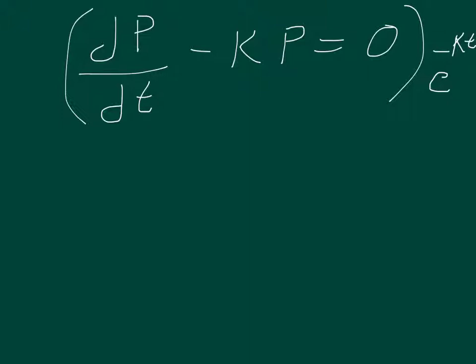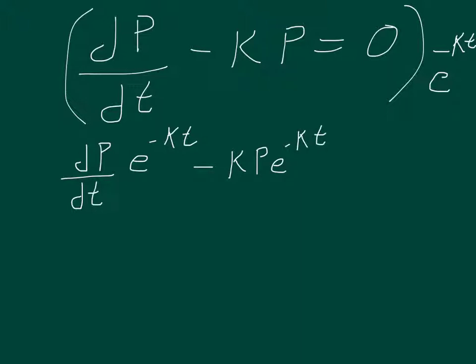Okay. And so when we do this, I'll just multiply this out so we can see what exactly that looks like. dp/dt times e to the negative kt, minus kp e to the negative kt, and e to the negative kt multiplied by 0 is still 0.